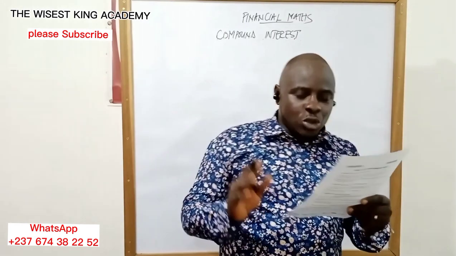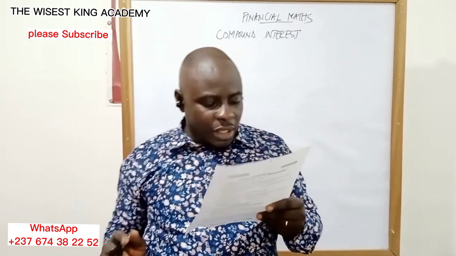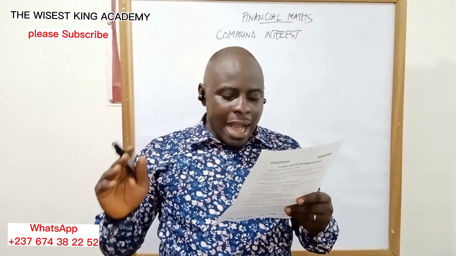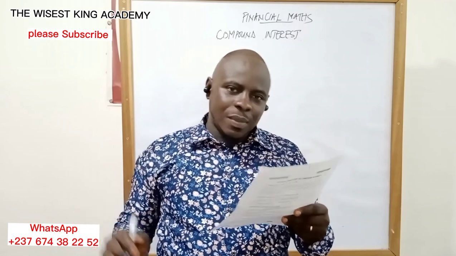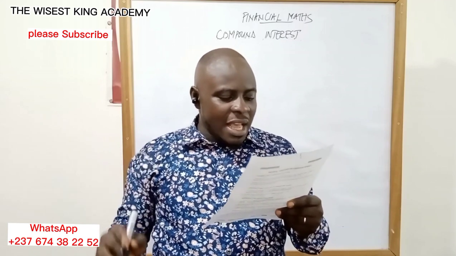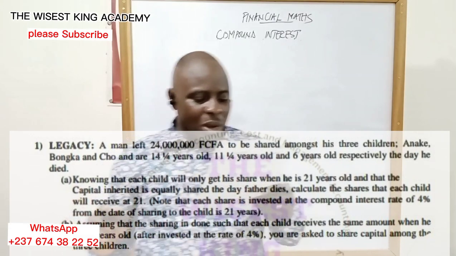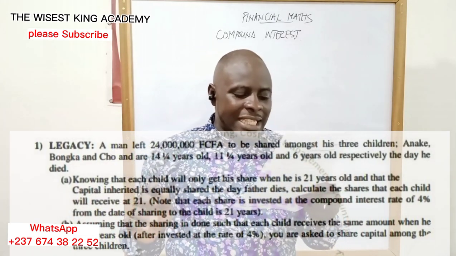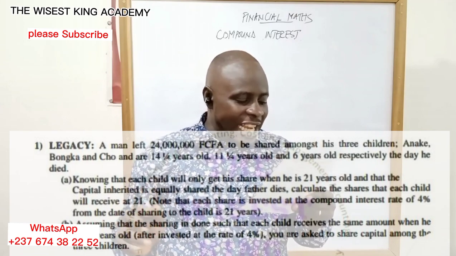A man left 24 million francs CFA to be shared among his 3 children, let's say A, B, and C, who are 14 and 1 quarter years old, 11 and 1 quarter years old, and 6 years old respectively, the day he died.